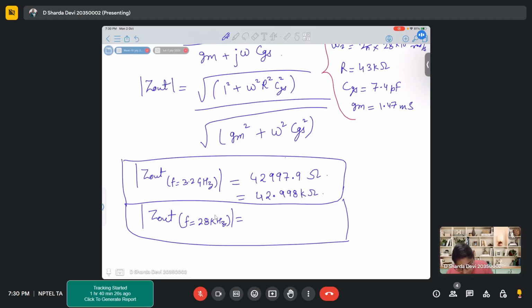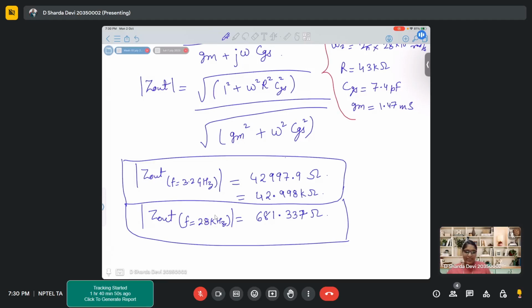So here we are getting 681.337 ohms. So this is for high frequency and this is for low frequency.